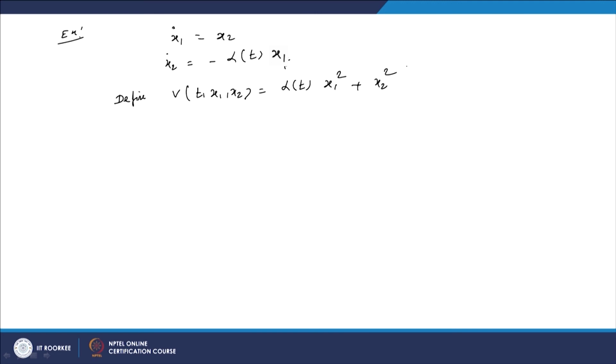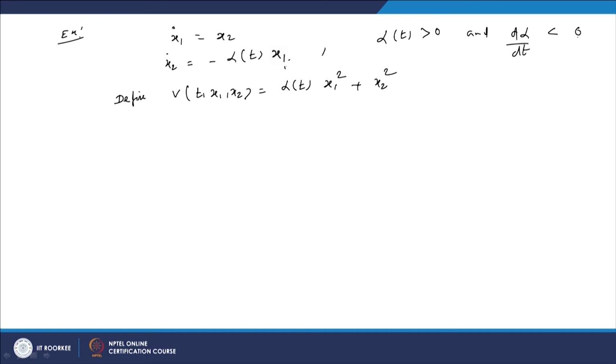So, if you define this Lyapunov function, it is given that alpha of t is greater than 0, and d alpha by dt is less than 0.